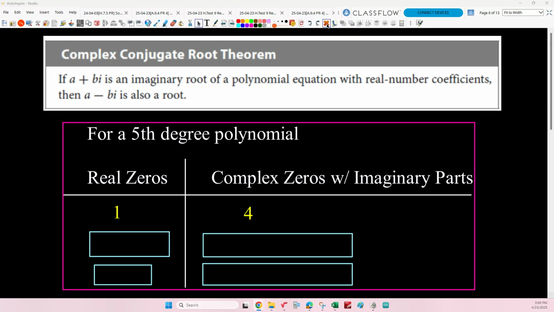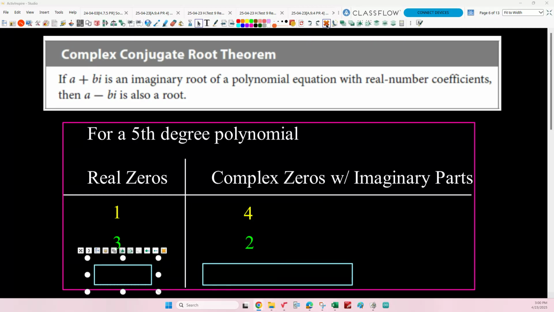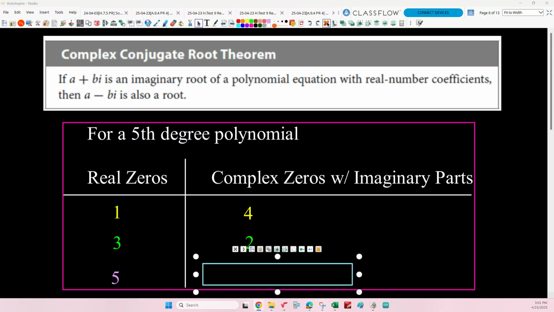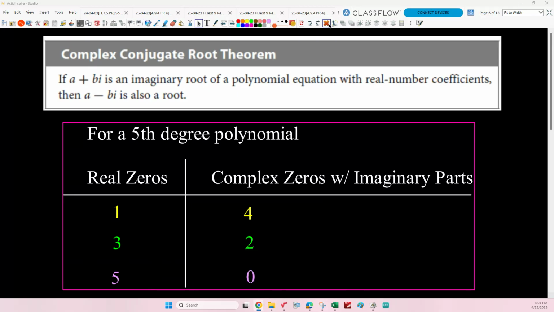Because if we already have 1, we need 4 more to make up our 5. If we have 3 real zeros, how many complex? 2. What about 0 or 5 real zeros? Yep, 0. Because the different zeros need to add up to the degree. So these ones are all even because they come in pairs.